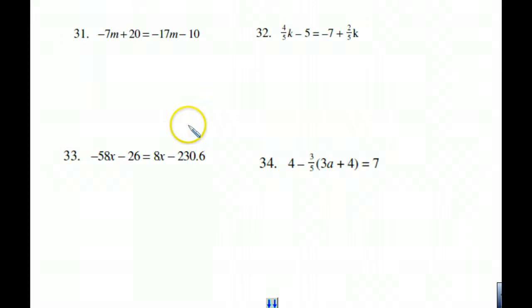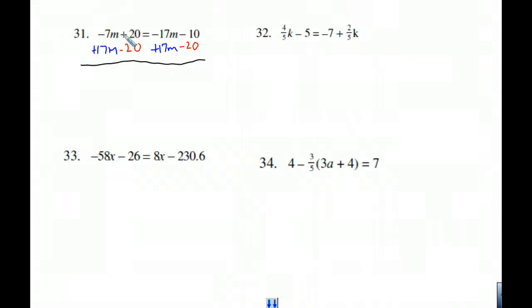Alright, so 31 through 34 just looks like some equation solving. In general, you want to get the variables to the left and numbers to the right. So I'm going to add 17 here to both sides, right? And I'm going to subtract 20 on both sides. Notice I'm doing the variables and the numbers at the same step.